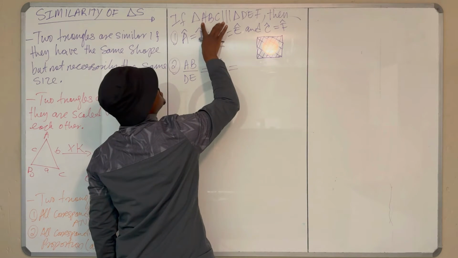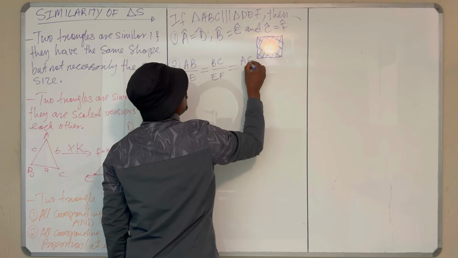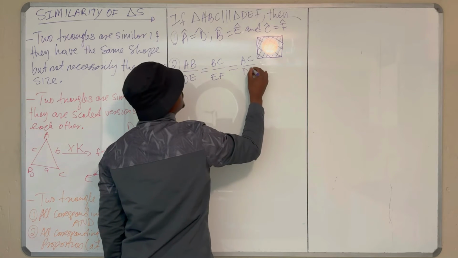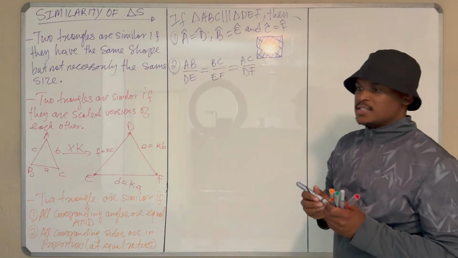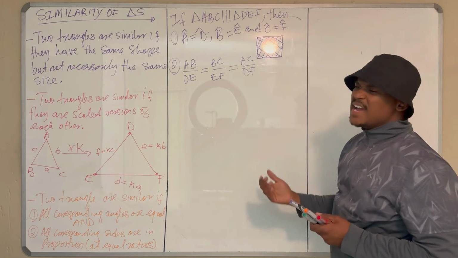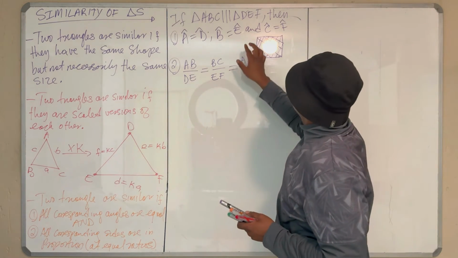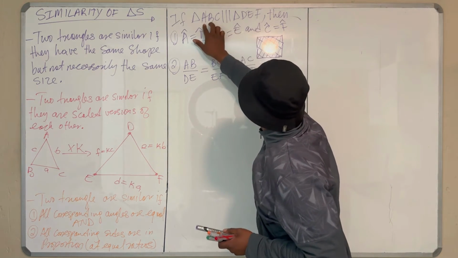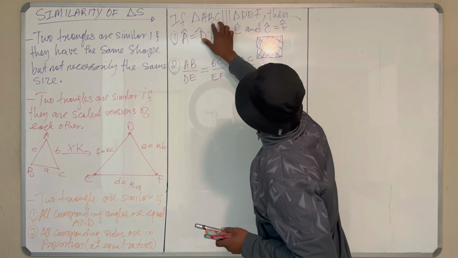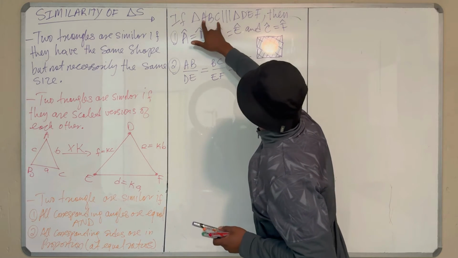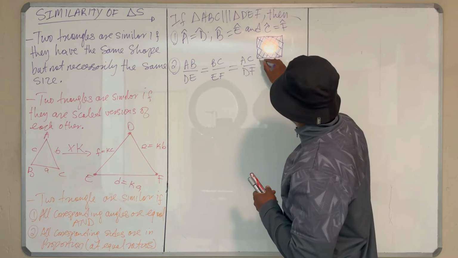Your AC over DF. I'm not sure if that does make sense. Yes, it does. It doesn't matter the order. You could have said your DE over your AB, EF over your BC, or your DF over AC. It doesn't really matter.